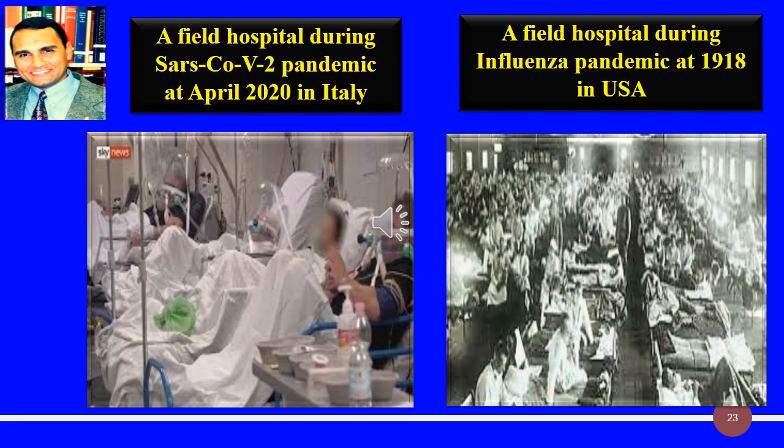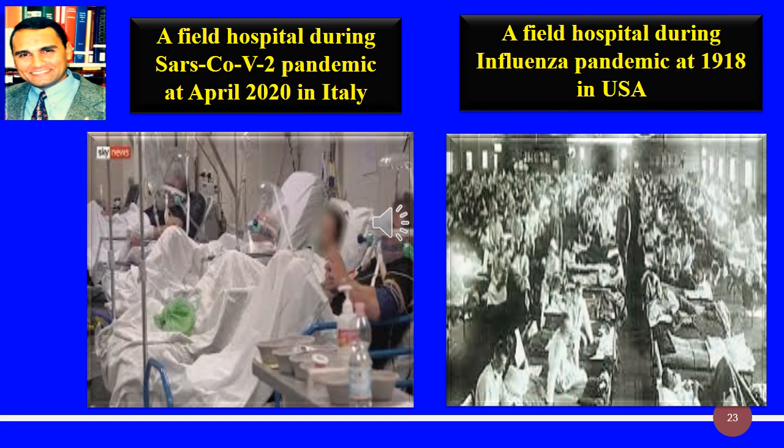A field hospital during the SARS-CoV-2 pandemic in April 2020 in Italy, which had the highest rate of deaths in Europe, reached only about 30,000 deaths by the 7th of May 2020.